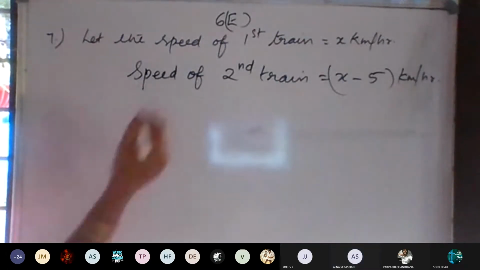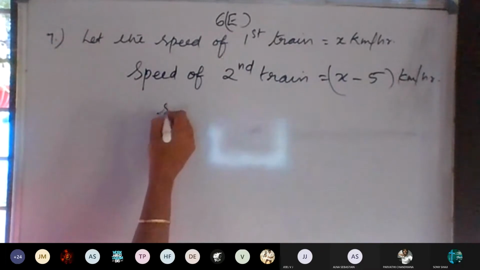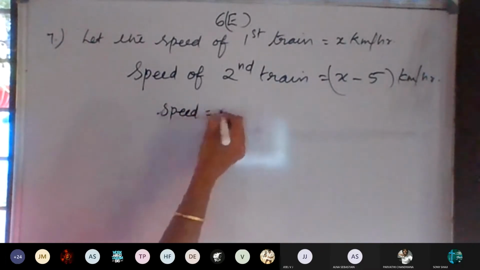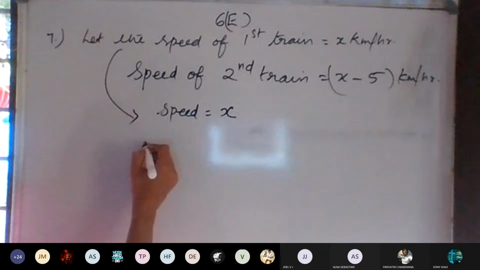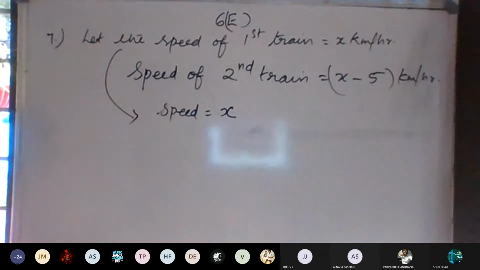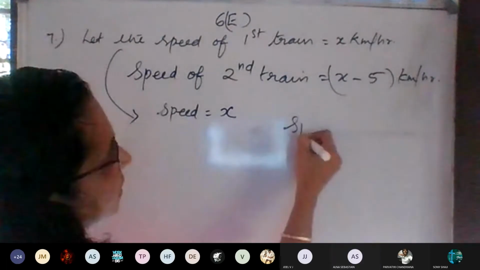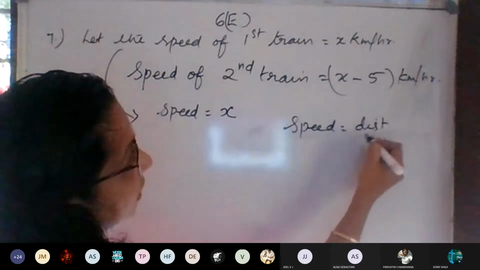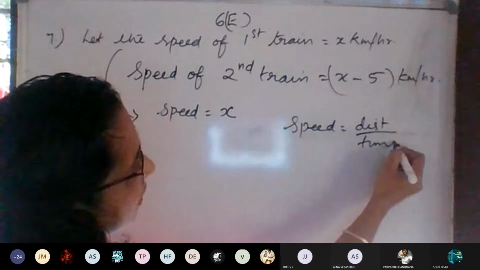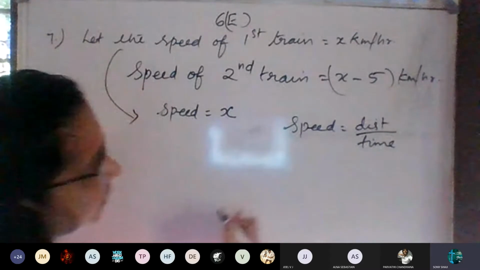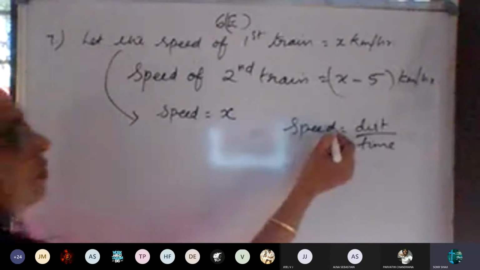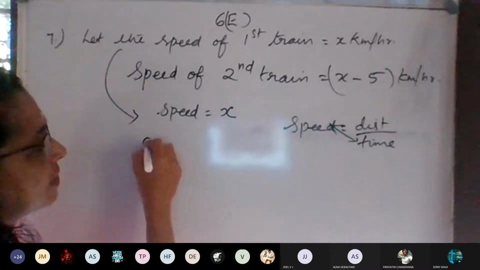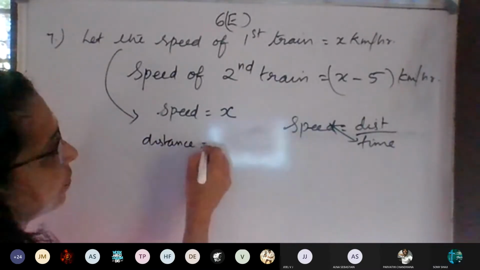Speed is equal to x. What will the formula be? Speed is equal to distance divided by time, so distance is equal to speed into time. Distance is equal to 2x.